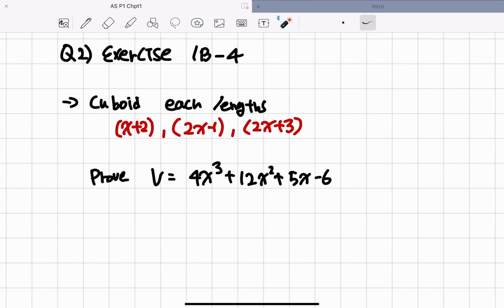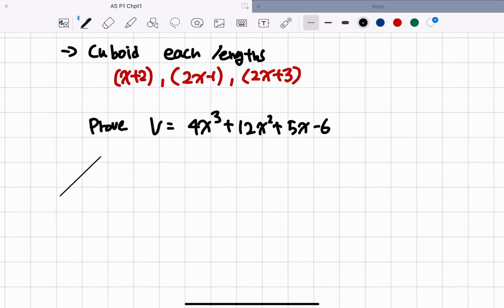This question is on exercise 1b, question 4. The cuboid has lengths x plus 2, 2x minus 1, and 2x plus 3, and we need to prove that the volume of this cuboid equals 4x cubed plus 12x squared plus 5x minus 6. The cuboid looks something like this. I'm not that good at drawing, anyway.